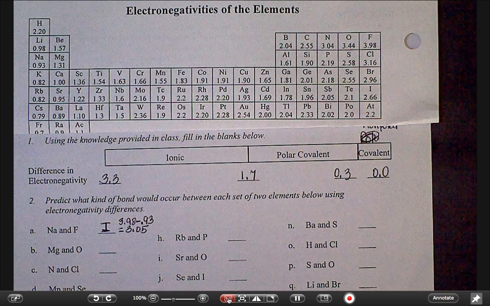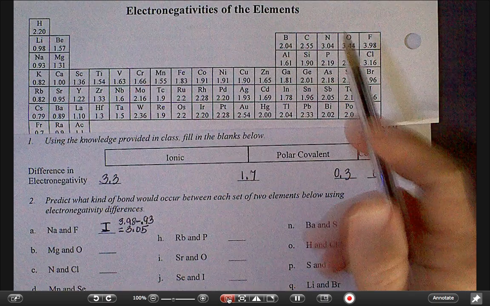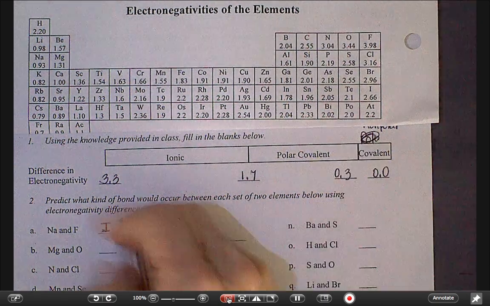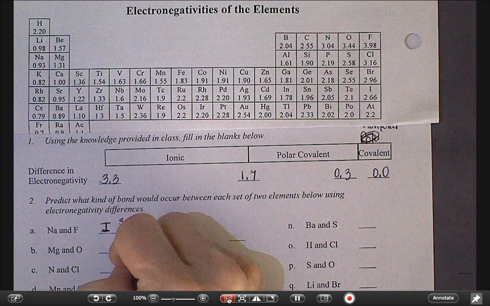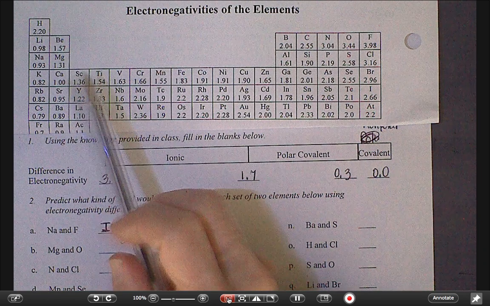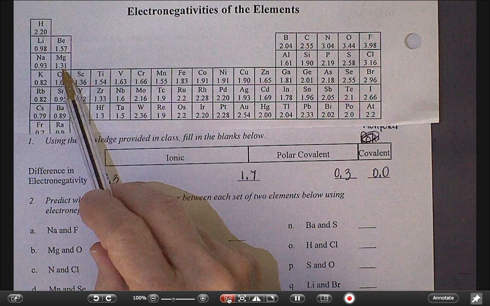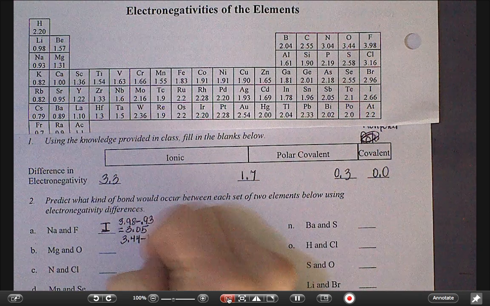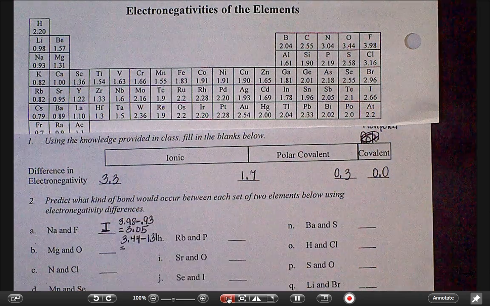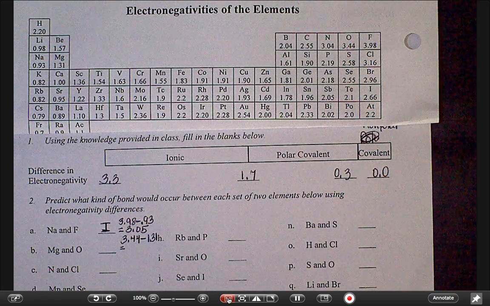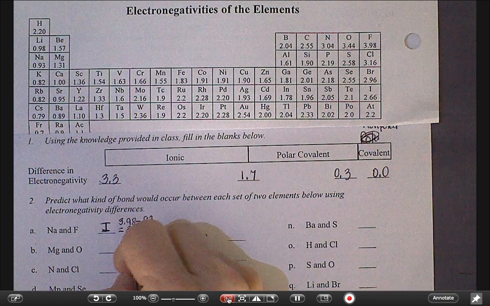Alright, let's do one more. Go find oxygen. The value is what? 3.44 minus. Go find magnesium, and its value is 1.31 equals, and when you do the math, it comes out to 2.13.